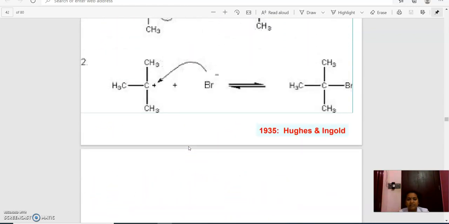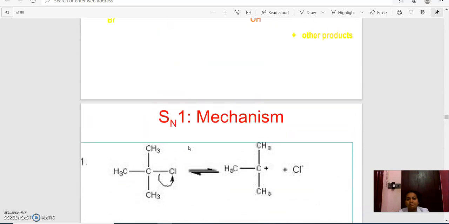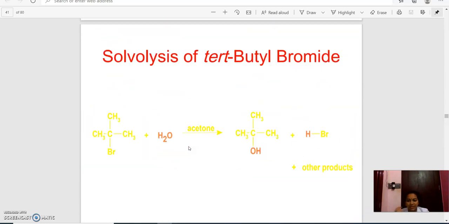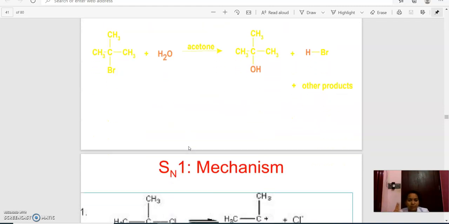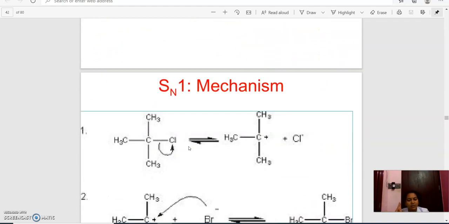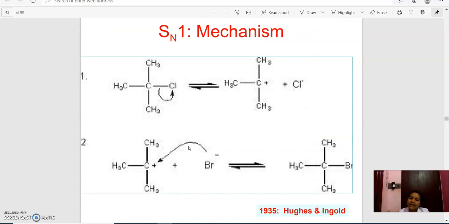Here one example is given for the SN1 reaction. It is similar to SN2, with mainly two differences. In the SN2 mechanism, the nucleophile can attack only from the back side, but in the SN1 reaction, the nucleophile can attack from both the front side and the back side.